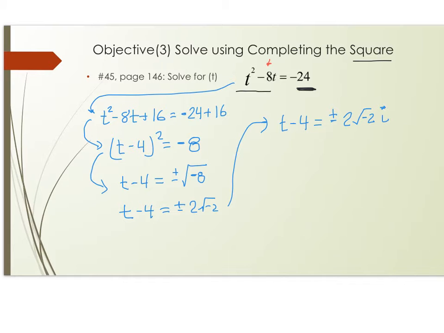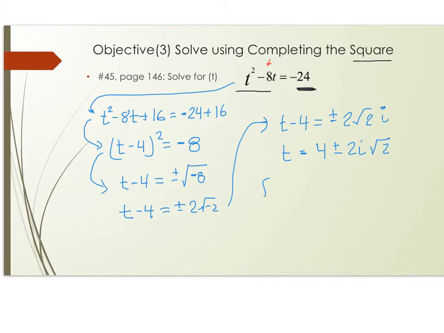And the book will probably put the i in after the 2. So t is equal to 4 plus or minus 2i square root of 2. Oh yes, by the way, we want to make sure that we get this correct. This should be 2 here, because we have the i there. So there's our solution set.